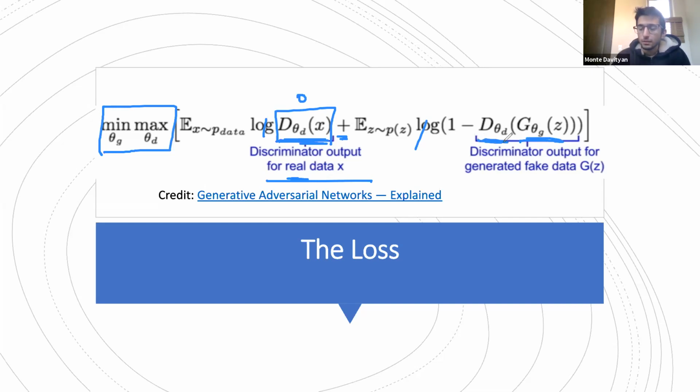The input to that discriminator, to that neural network, is the generator's output. In the first case, the input to this discriminator was a real cat image, let's just say, a real image. But this time, the discriminator gets as input the generated, the fake data. And this is the corresponding loss to that.